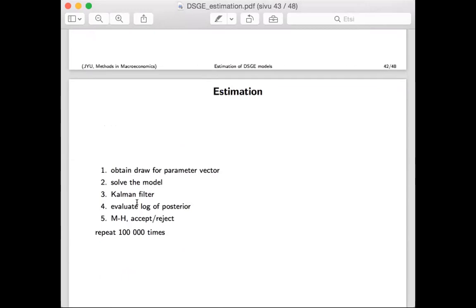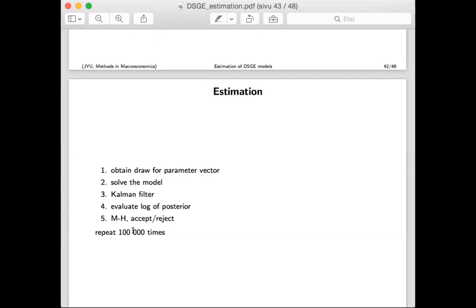This way one can evaluate the log likelihood function and priors, and then using this Metropolis Hastings accept and reject algorithm, one either accepts or rejects this new draw for the parameters. And repeat 100,000 times or 1 million times.